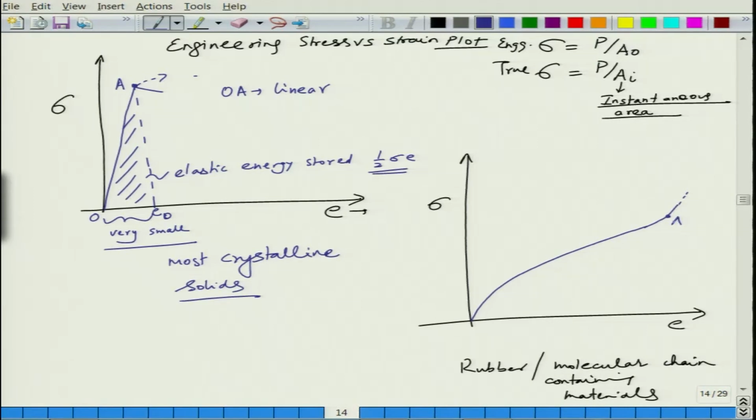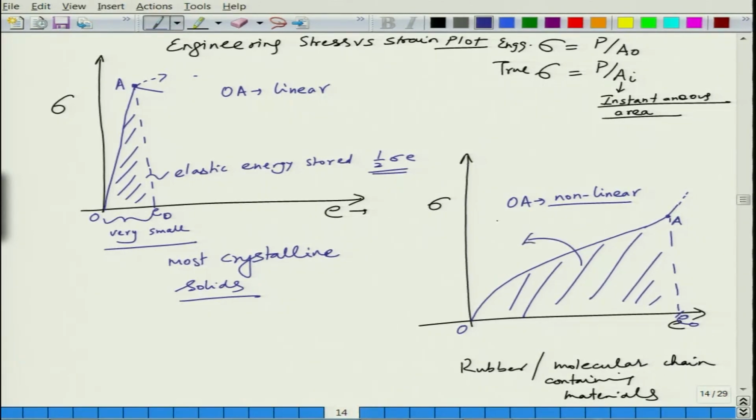Let us say this is point A, this is O. So, OA is non-linear, but the behavior is elastic. Up to this point you have elastic strain. Let us say this is E naught, and this is the area under the curve, which is the elastic energy, but this is a non-linear region. They show elastic behavior, but it is non-linear in nature, and this is recoverable.